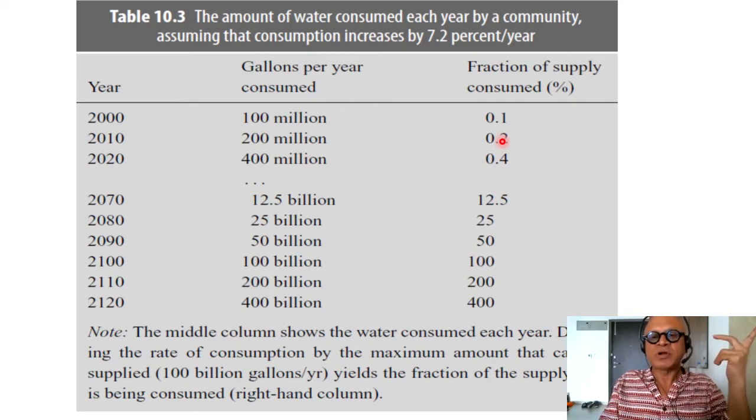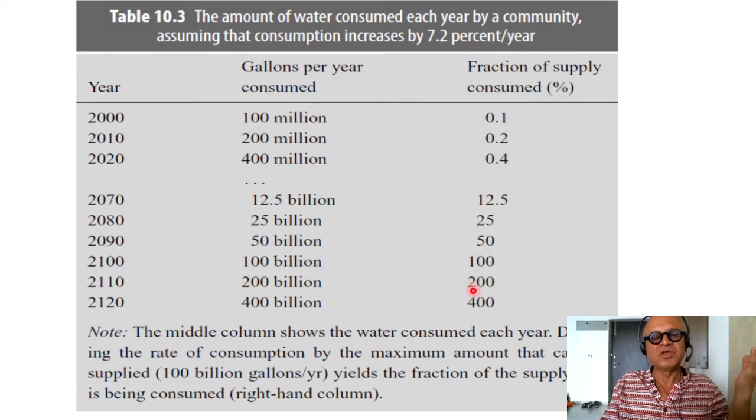But you keep going, and in 2020 you're at 400 million, still 0.4%, but then you can see that pretty soon you're going to hit 50 billion gallons per year at 50% of the supply, and if you're not careful you're going to consume 100% by 2100, because the doubling is at 10 years, so you're going to keep doubling and reach 100.